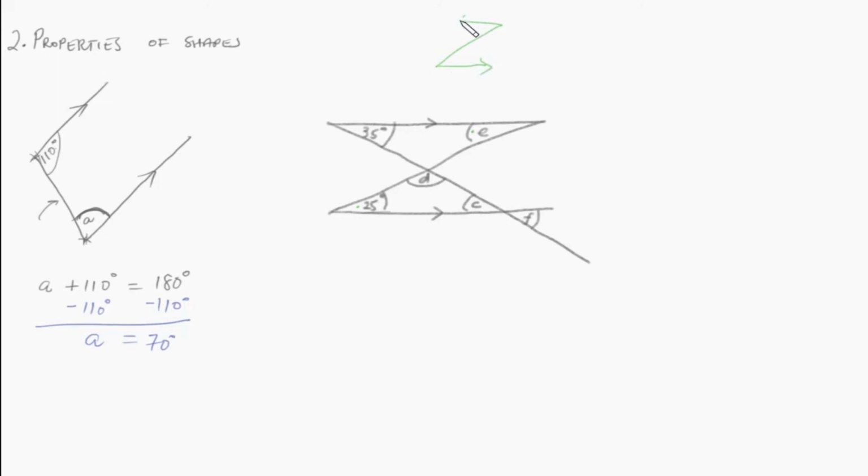So they are equal. That means E equals 25 degrees. Reason, alternate angles.